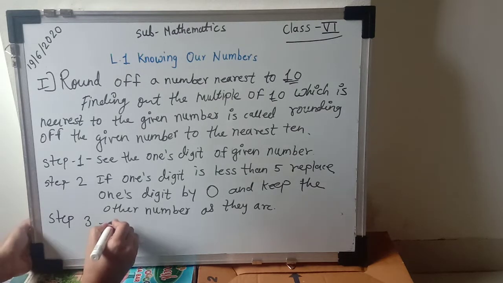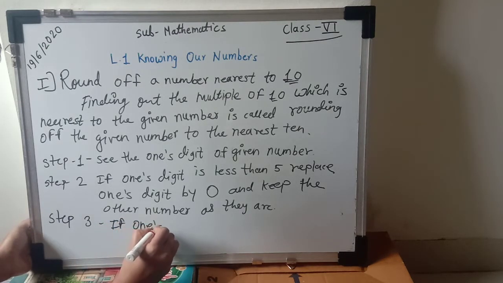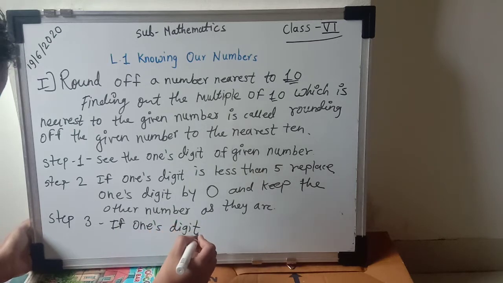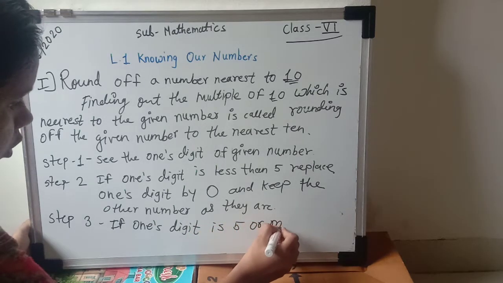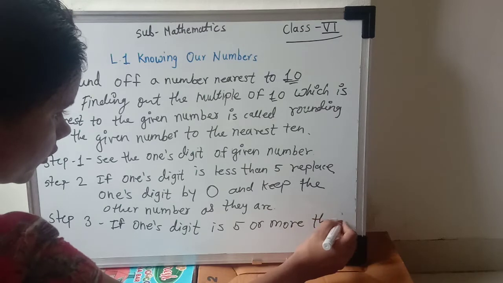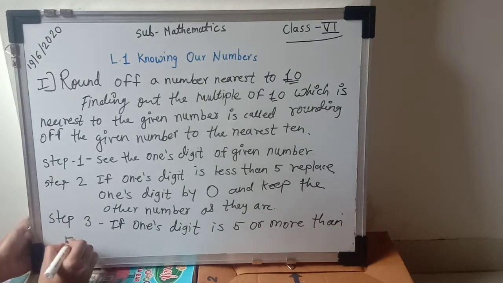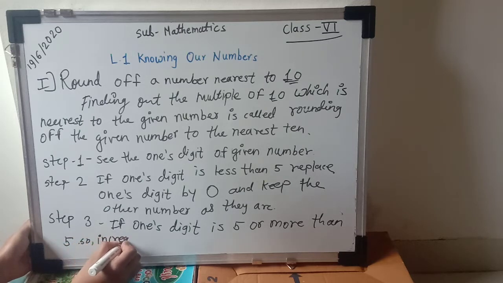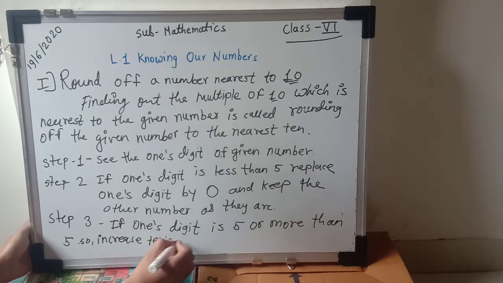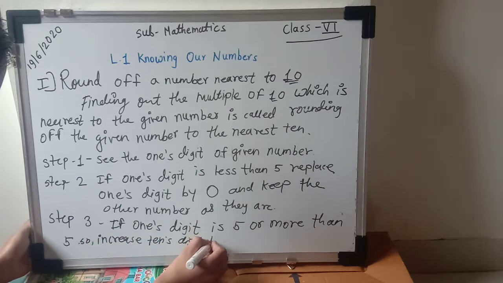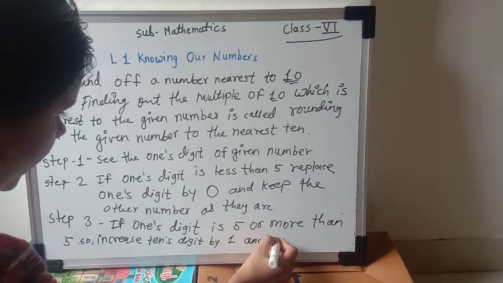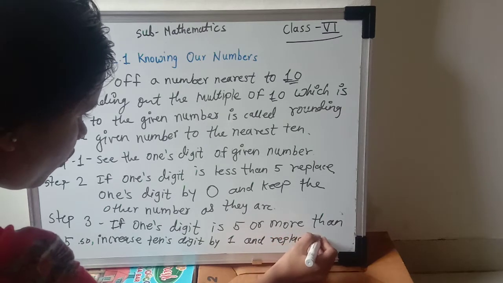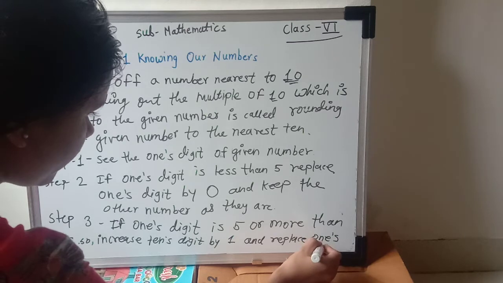So step 3 is, if the ones digit is 5 or more than 5, increase the tens digit by 1 and replace the ones digit by 0.